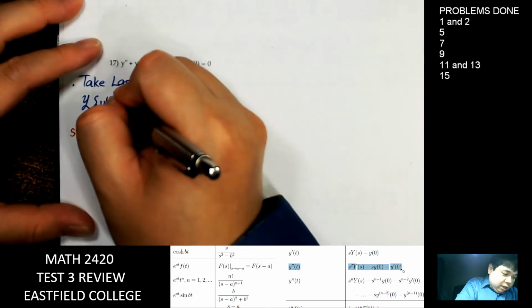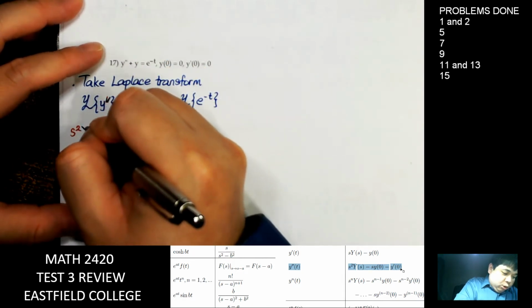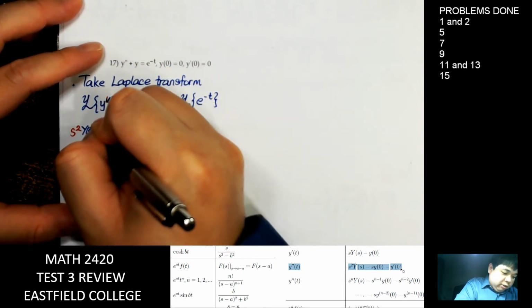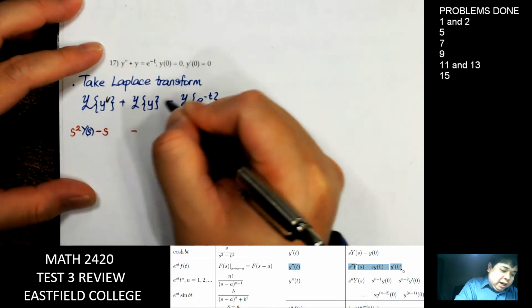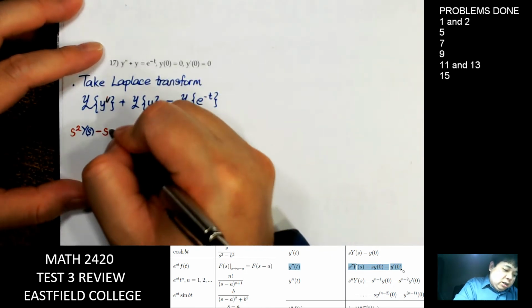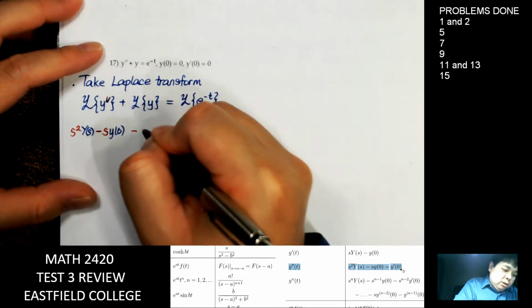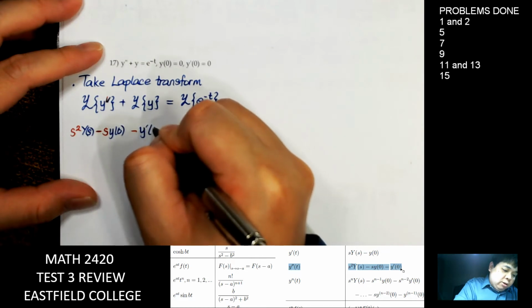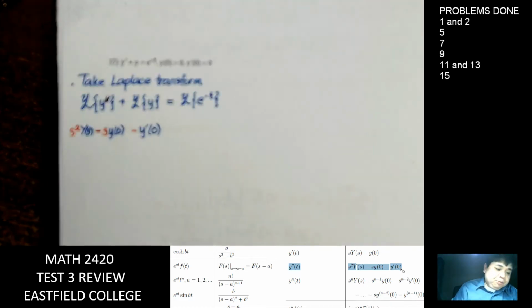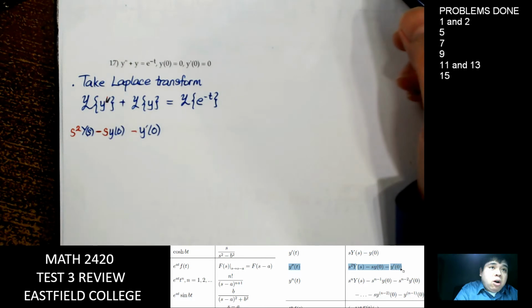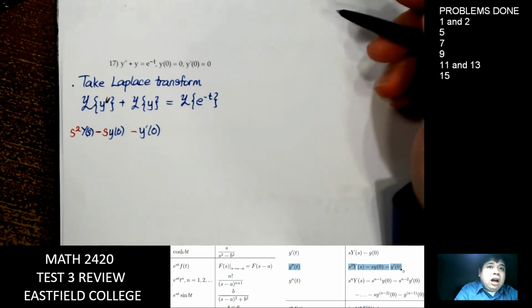The y will transform into big Y of s, with the initial conditions y of 0 and y prime of 0. So that is the Laplace transform of the second derivative. I highlighted it on that side.